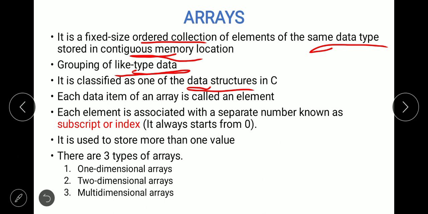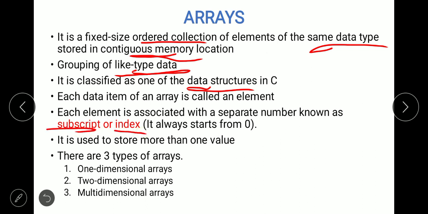So each data item of an array is called an element. In an array of 11 integer elements, 0 is an element, 1 is a different element, 2 is a separate element. So each data item or data value is called an element of the array. These elements are associated with a separate number, called a subscript or index.